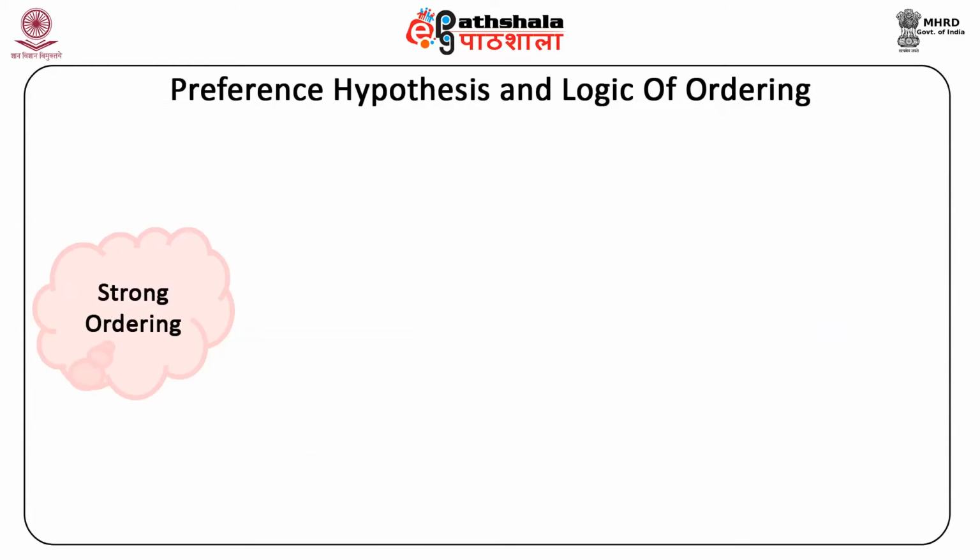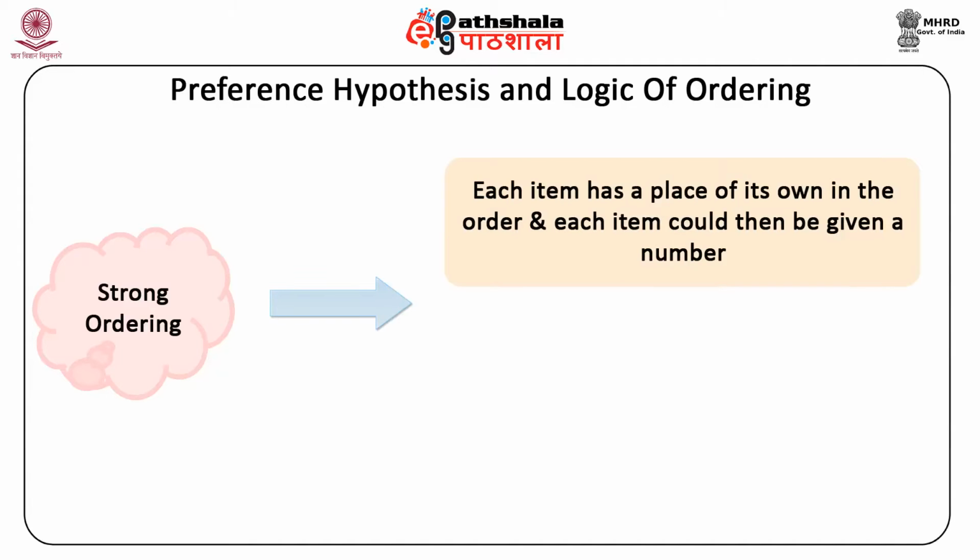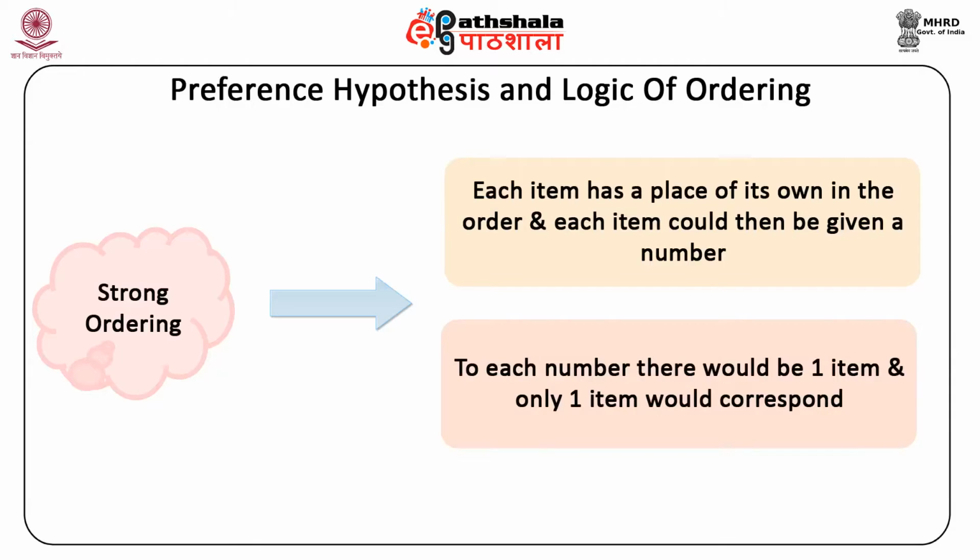Strong ordering: a set of items is strongly ordered if each item has a place of its own in the order and each item could then be given a number, and to each number there would correspond one item and only one item.